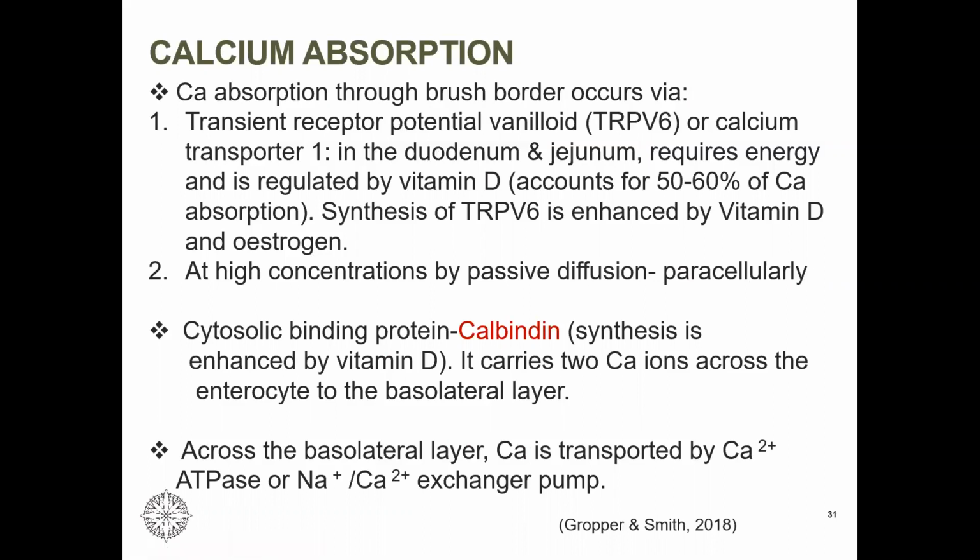Women in a postmenopausal stage are often deficient in calcium and prone to osteoporosis. That's one of the reasons, because we have estrogen receptors on bone cells. And the second is that the synthesis of this transporter is also under the command of estrogen.